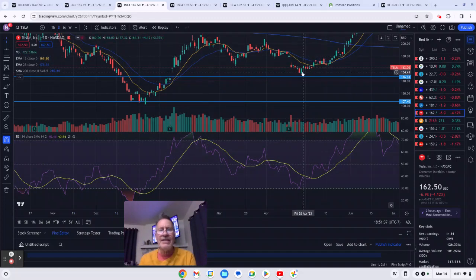Back during this time in April of 23, you notice how it pulled back and got right to about this area, a little bit lower, but it didn't quite get down into the area where there's a gap. The highest price area of this gap is 146.50.